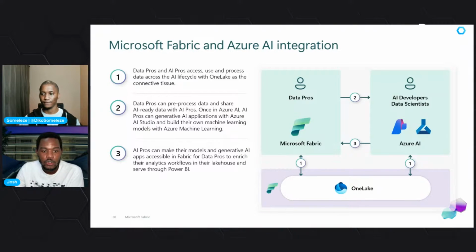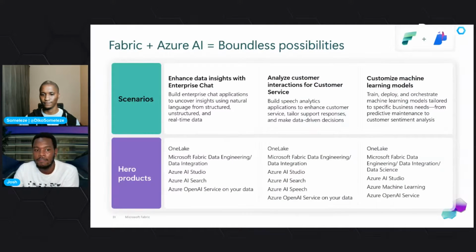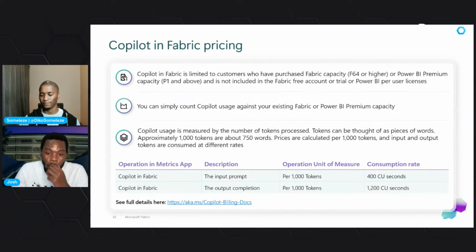So I'm going to switch over directly to the pricing, because I already saw some questions around Copilot in Fabric, the pricing. So one thing to note is that Copilot in Microsoft Fabric is only available to customers who've purchased the F64 capacity or higher, or Power BI Premium capacity at P1 or above.